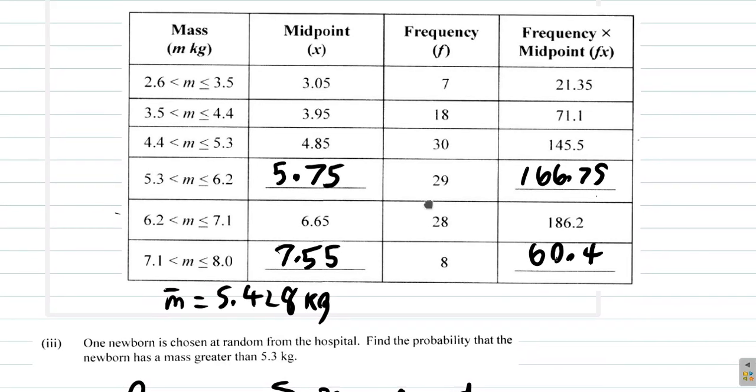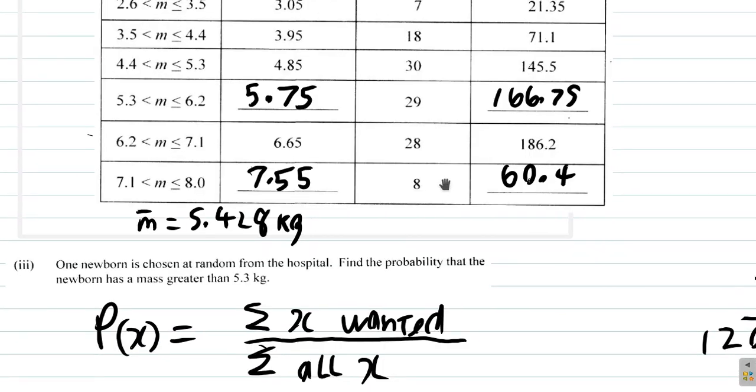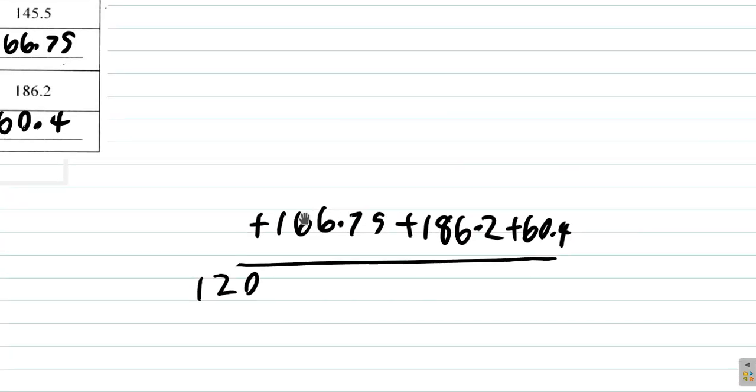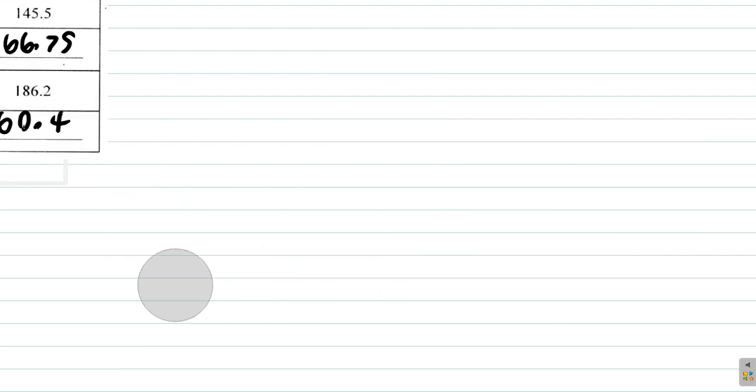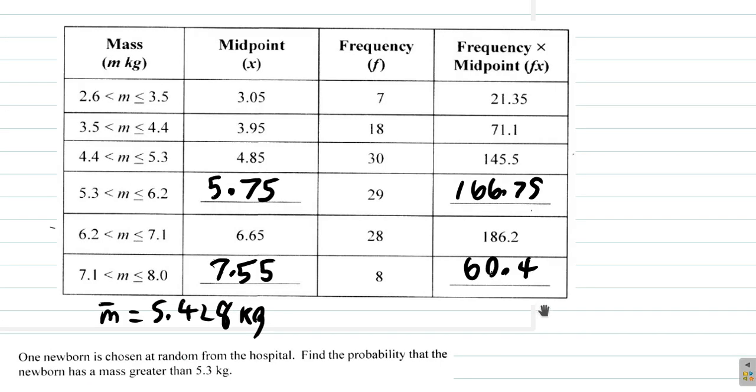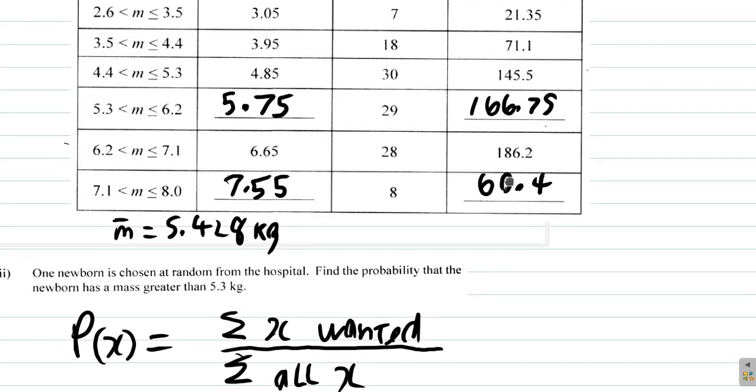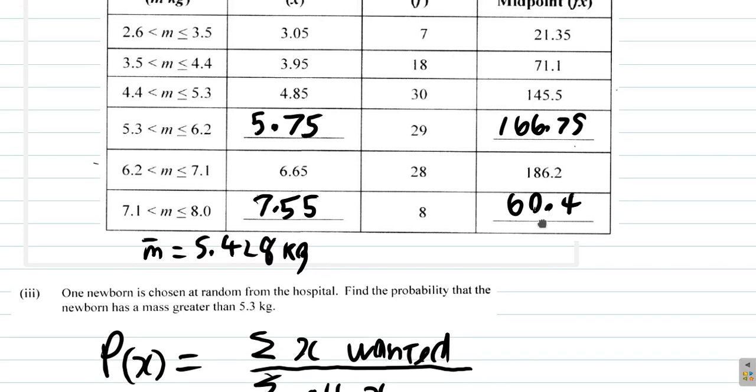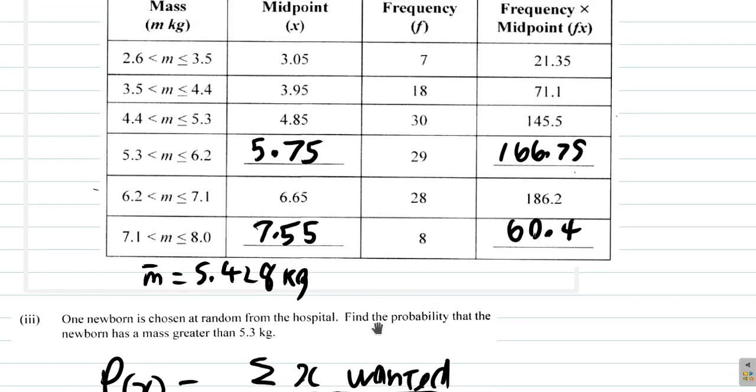That's just my way of putting it. You have some more elaborate, eloquent definition of probability in books and on the internet. But anyway, how many newborns are greater than 5.3? Those are what you specifically want to look for.